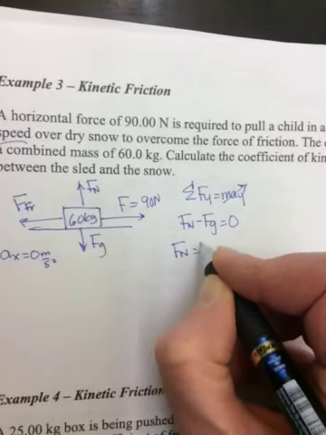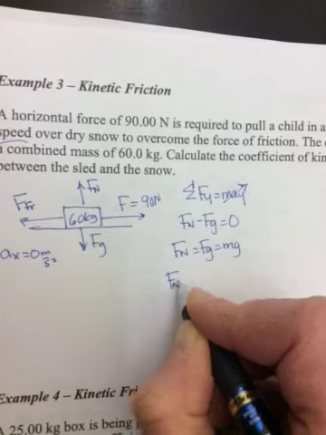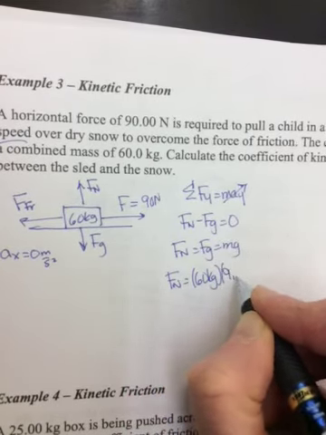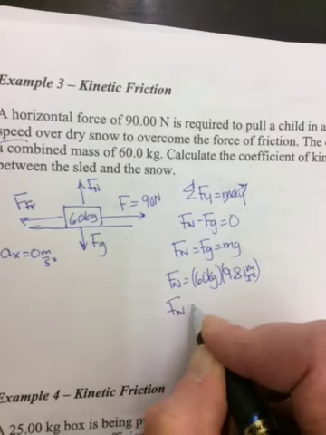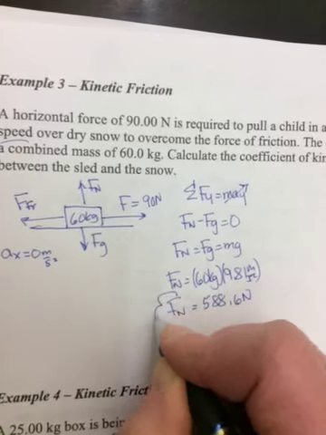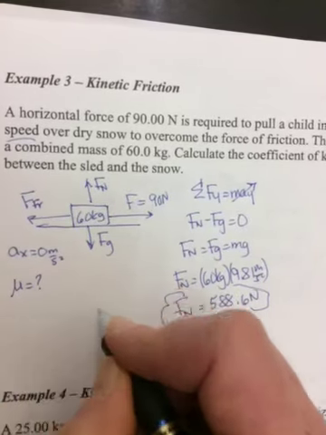So Fn must equal Fg, and we know Fg equals mg. So Fn equals 60 kilograms times 9.81 meters per second squared. So Fn equals, what is that, 588.6, I think, newtons. That's my Fn. We want mu, but we can't get it yet.